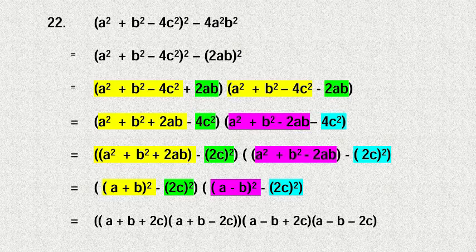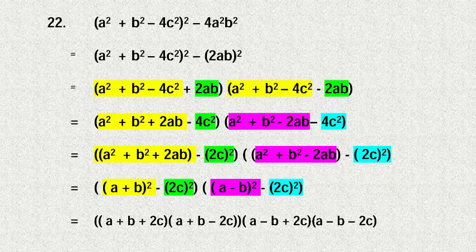In the next step, a² + b² + 2ab can be expressed as (a + b)², and 4c² can be expressed as (2c)². Similarly, a² + b² − 2ab can be expressed as (a − b)², and 4c² as (2c)².